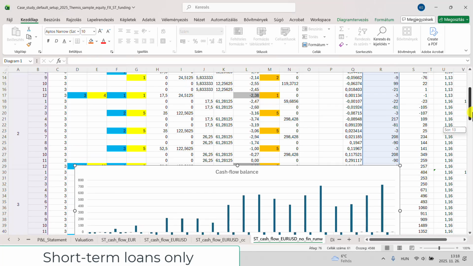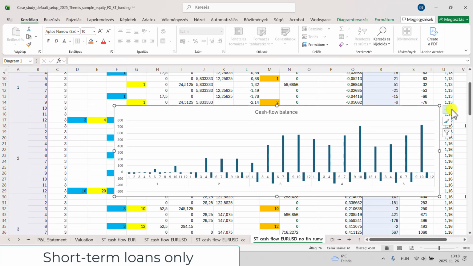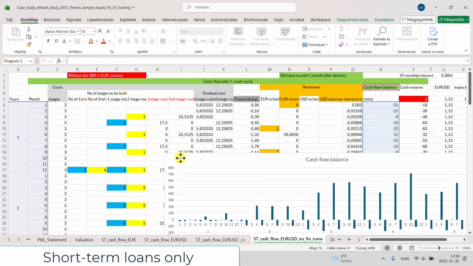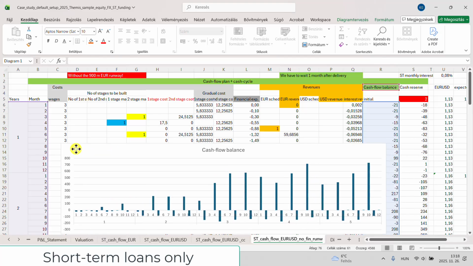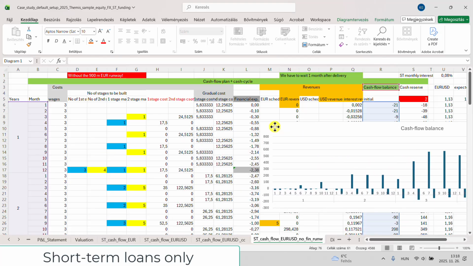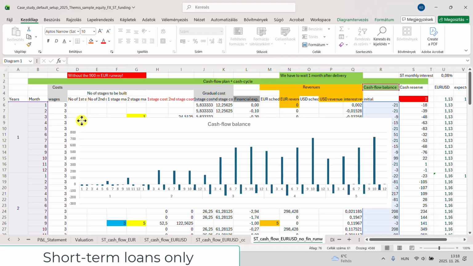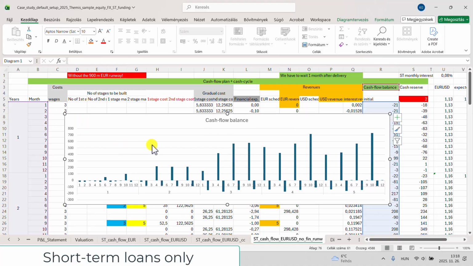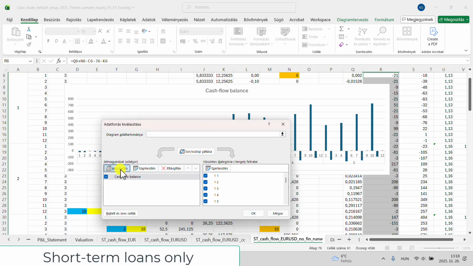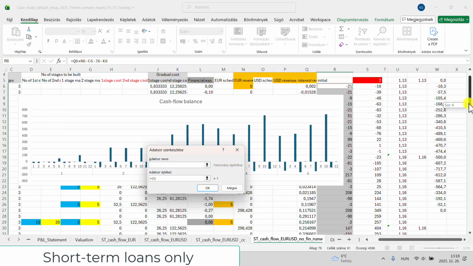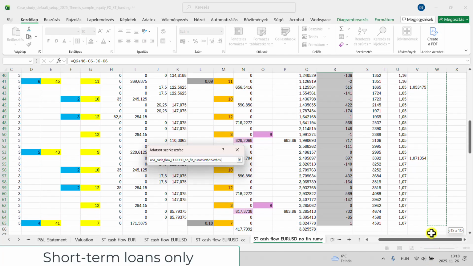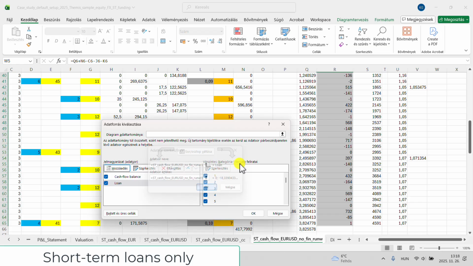And here we can see also, we could add cost revenues, but it would just make things complicated. But let's also add the debt. And the structure.